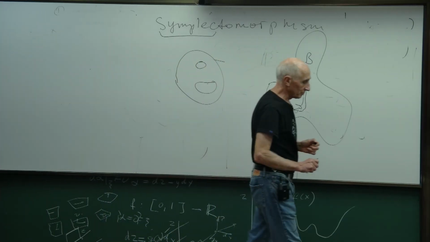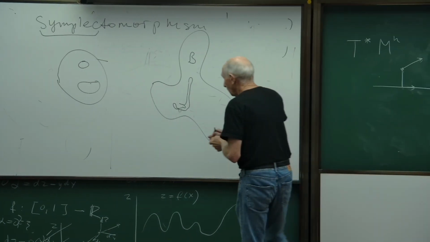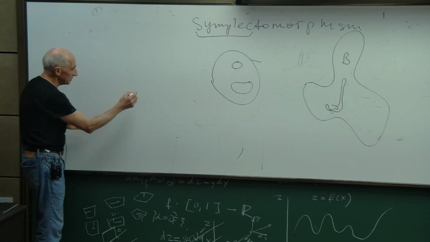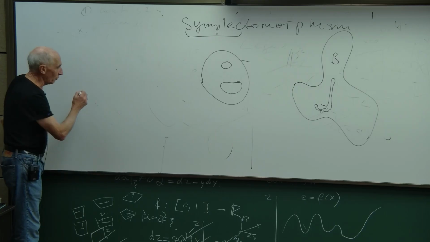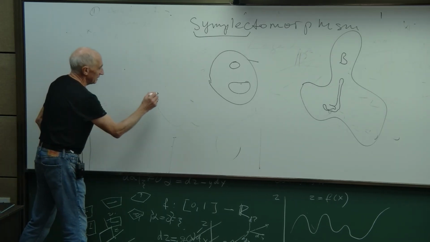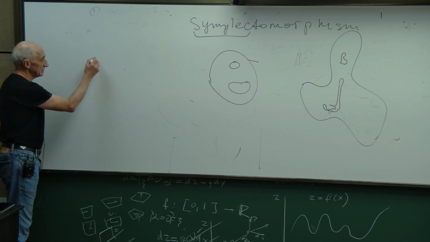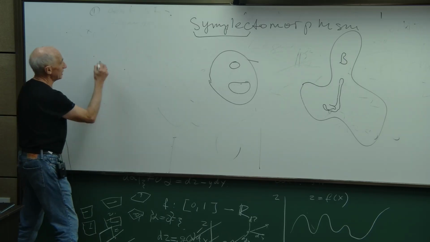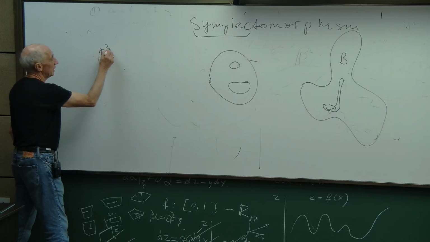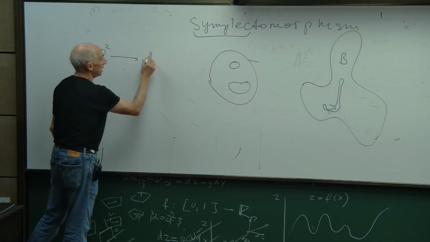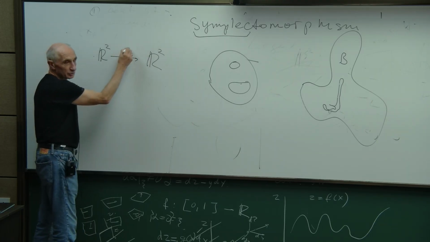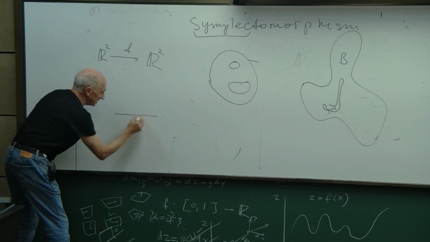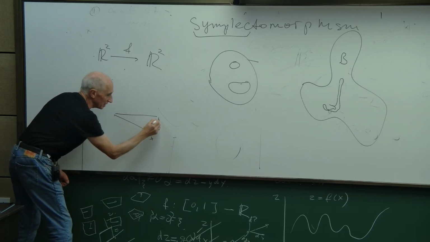Now let me introduce one more instance where a Lagrangian submanifold arises. Suppose, for instance, I take R2 and I take an area preserving transformation of R2. And now I want to consider the graph of this transformation.